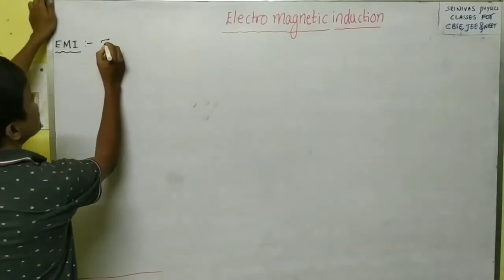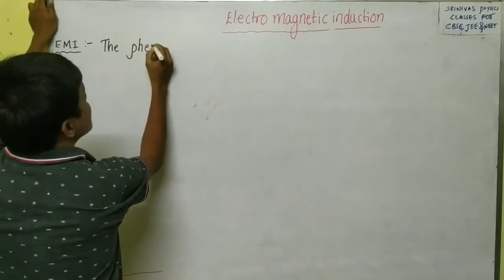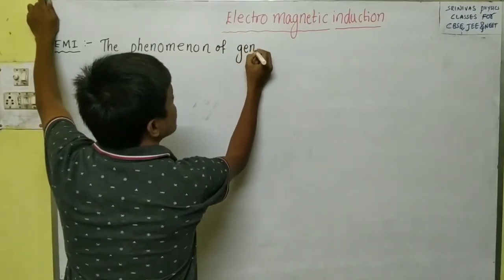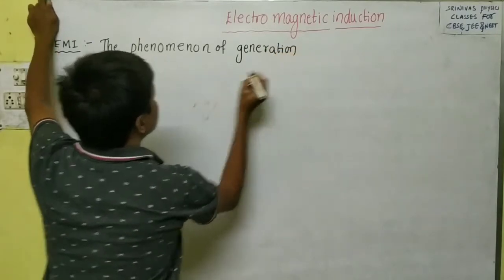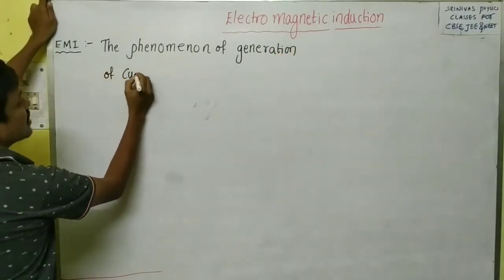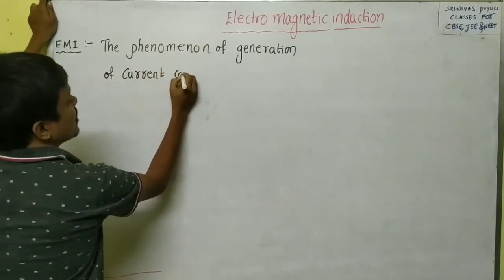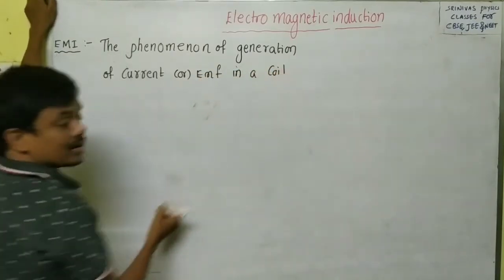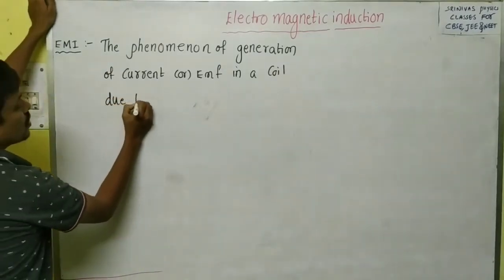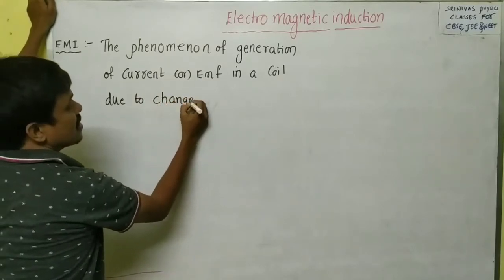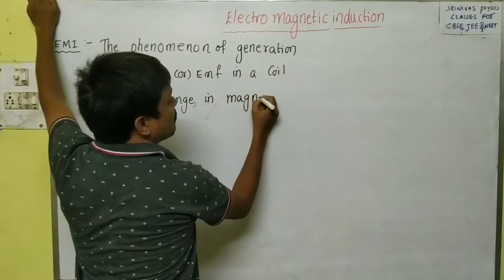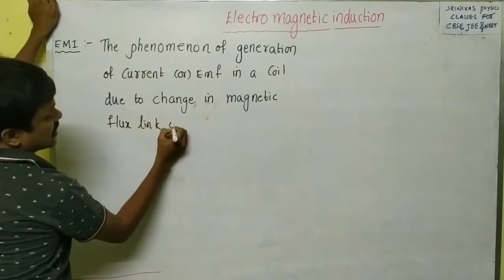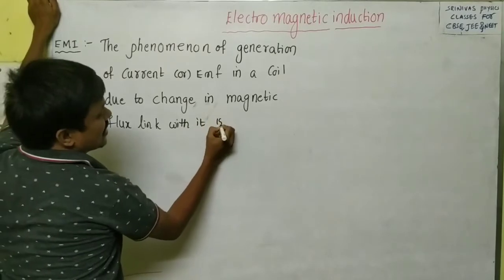Now let us see what is electromagnetic induction. The definition: electromagnetic induction is the phenomenon of generation of current or EMF in a coil due to change in magnetic flux linked with it.